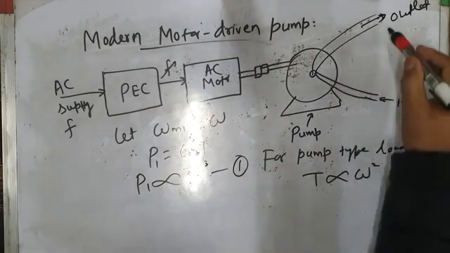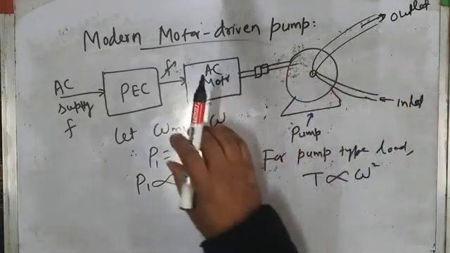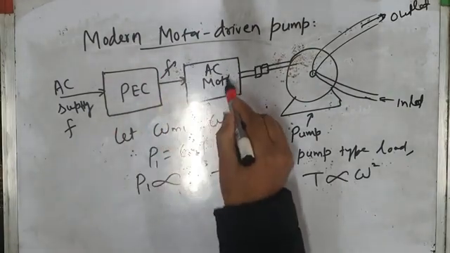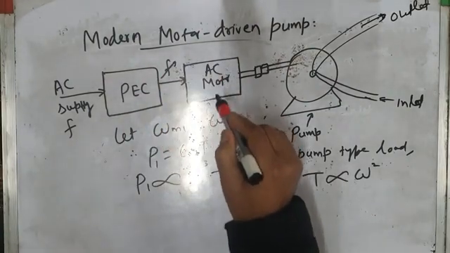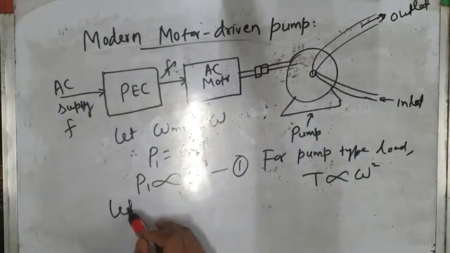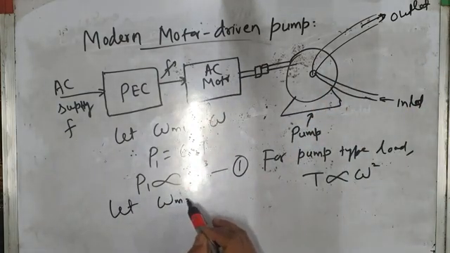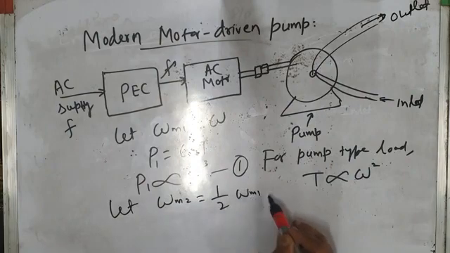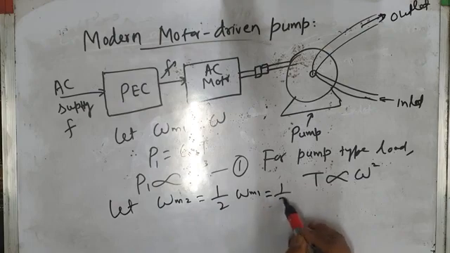Now let us assume that we have to reduce the flow rate. For reducing the flow rate, what will the power electronic converter do? It will reduce the frequency of the supply. So motor will run at reduced speed and flow rate will reduce. Let us assume motor runs at low speed. Let omega m2 be 1 by 2 omega m1, half of the speed. That is 1 by 2 omega.